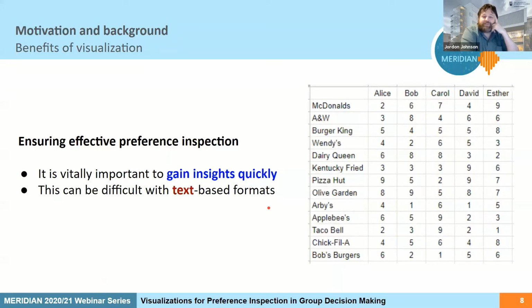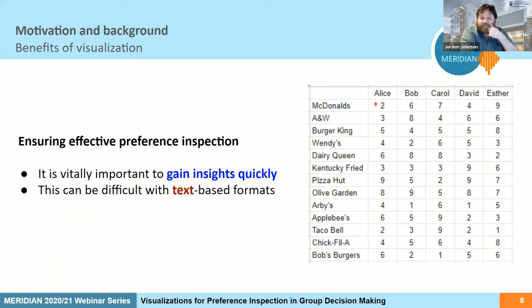Unfortunately, this can be difficult if you're dealing purely with text-based formats. For example, here we have 5 people who are just scoring a number of different restaurants on a scale of 1 to 10. Even though this isn't a very complex scenario, it can still be hard to glean many insights from this.